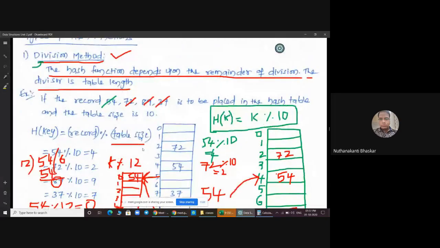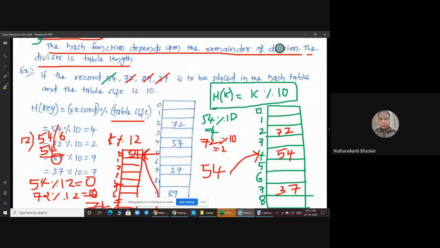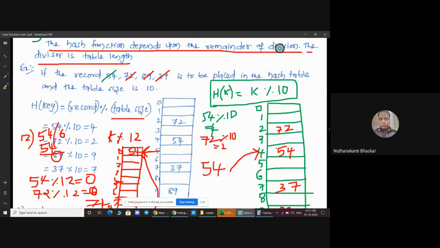This collision we are going to overcome. This is the last topic. We will discuss it. Don't worry. Don't get confused here. A collision means more than one element wants to occupy the same room.